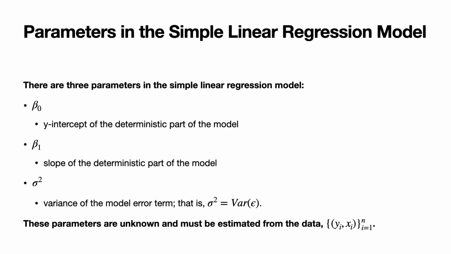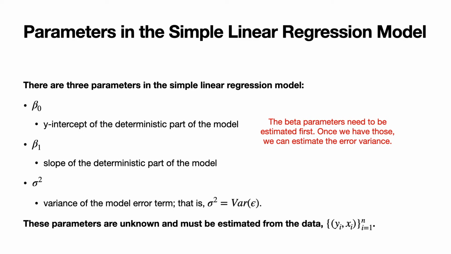And so there are three parameters in the simple linear regression model. We have the two beta parameters, beta 0, the y-intercept of the deterministic part of the model, and beta 1, the slope of the deterministic part of the model. Finally, we have sigma squared, which is the variance of the model error term.